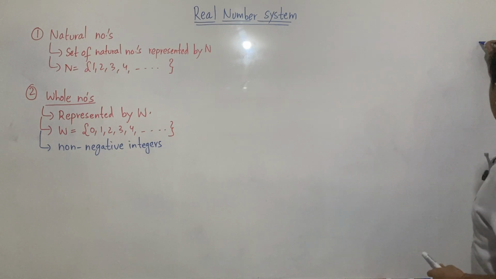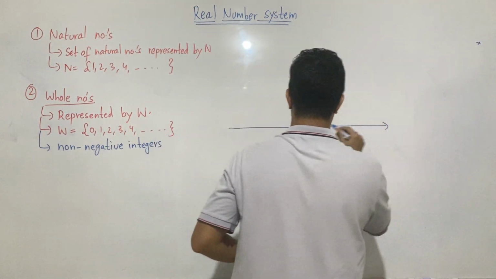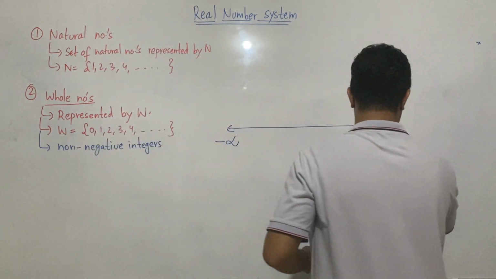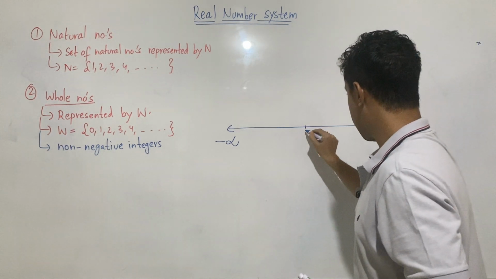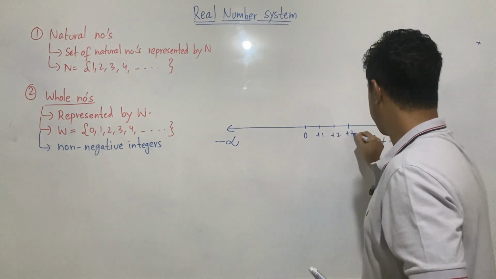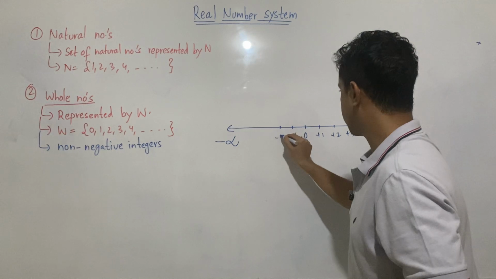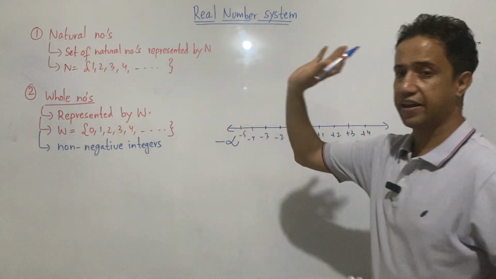Let's say here I have a number line. This end represents minus infinity, this represents plus infinity. Here I have 0, here plus 1, plus 2, plus 3, plus 4, and so on. Minus 1, minus 2, minus 3, minus 4, minus 5, and so on.